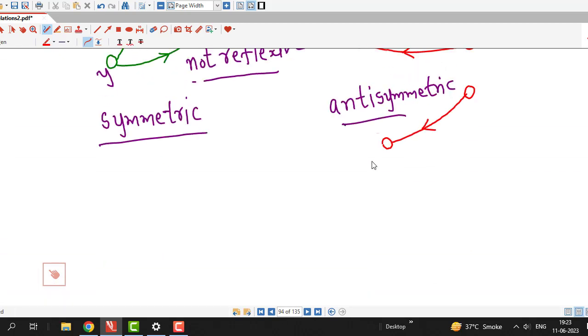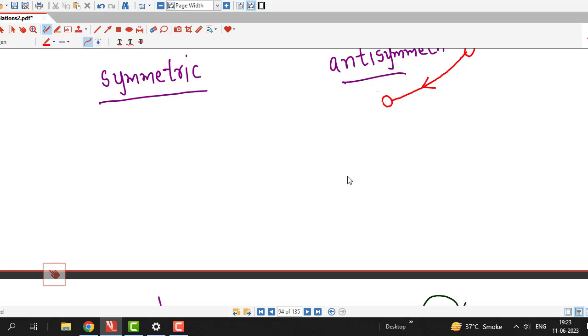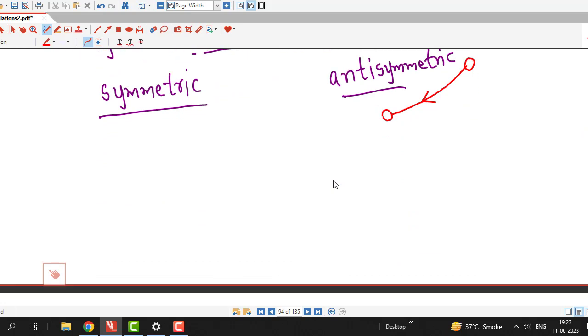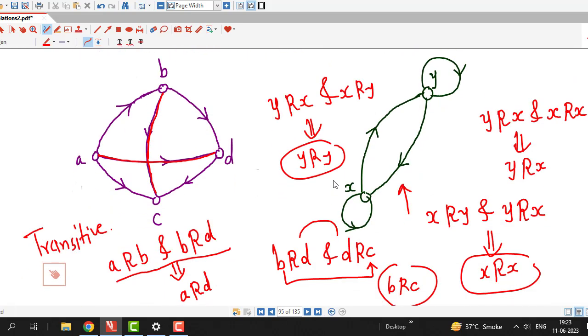So in this way we can decide some properties of relations using the graph of a relation also. Another way is, if you are not comfortable deciding the properties of relations from the graph, then you can write down the relation from its graph, and then check whether your relation satisfies certain properties or not.